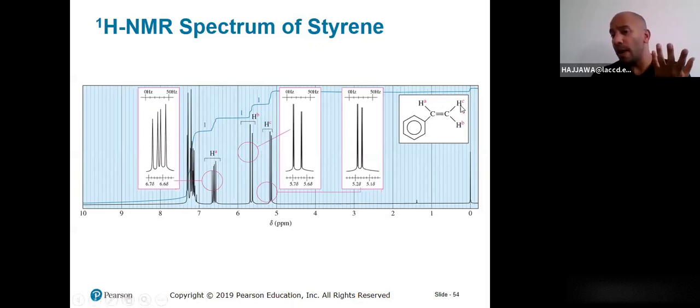Okay, how about HC? HC is going to look at the adjacent carbon, which has 1 hydrogen, +1, so that's a doublet. HB is going to look at the hydrogen on the carbon adjacent to it, so that's also a doublet. So I have 1 doublet for HC and 1 doublet for HB. But which one is which?